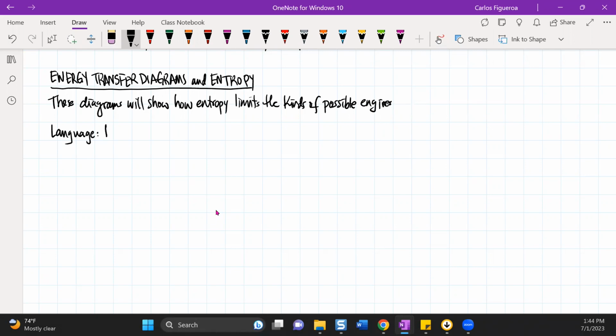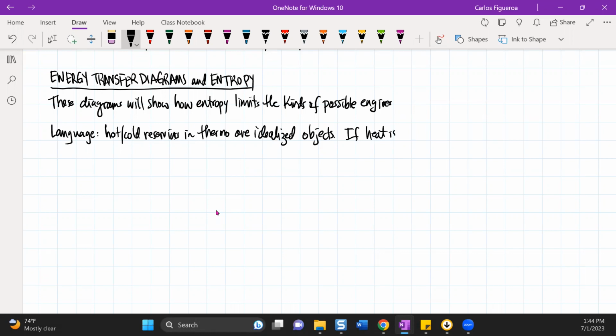So hot and cold reservoirs in thermal physics are idealized objects, sort of like a massless spring or string, a frictionless surface. They're idealized objects.